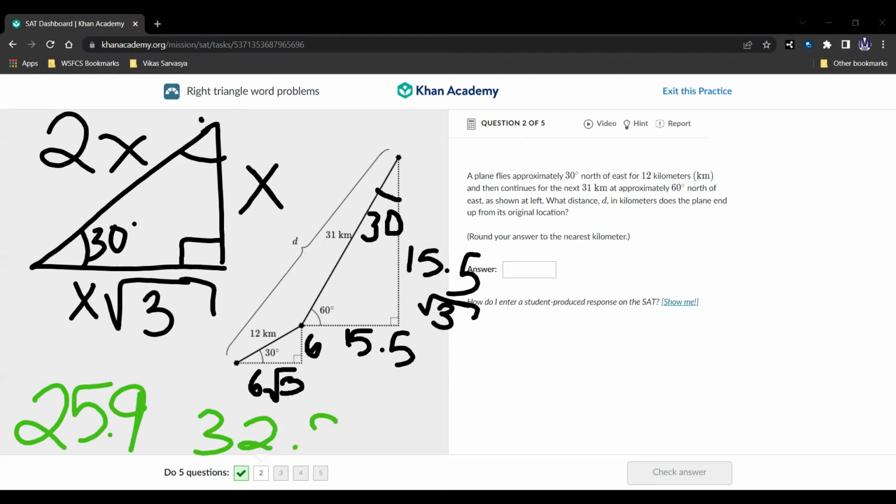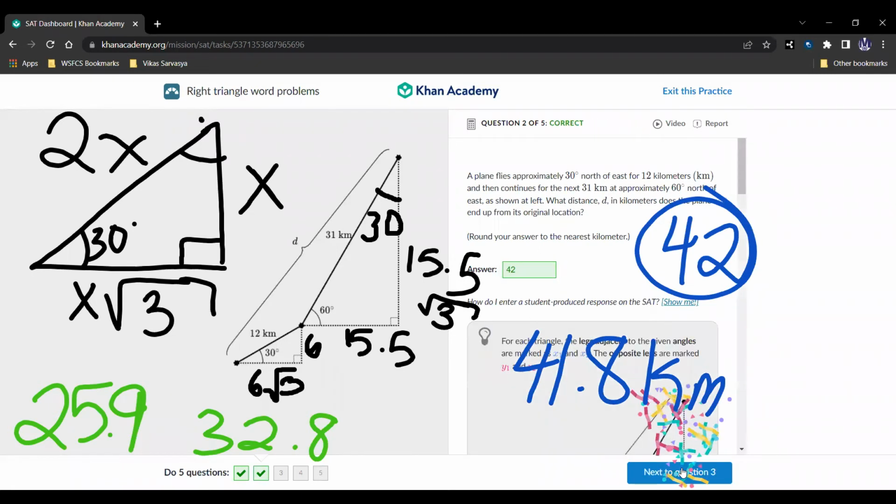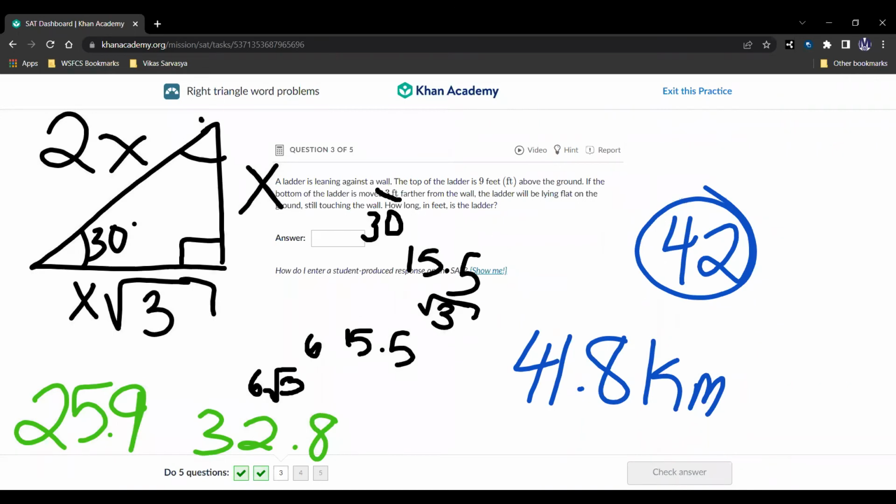We put that in the Pythagorean theorem, and we get that this is going to be 41.8 kilometers. That is just 42. And we keep going to the next question. All right, next question.